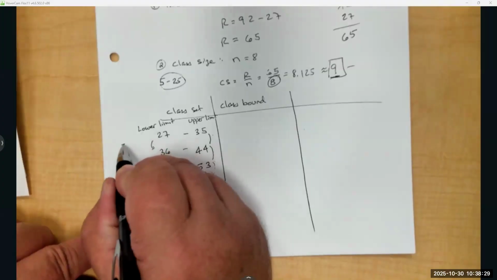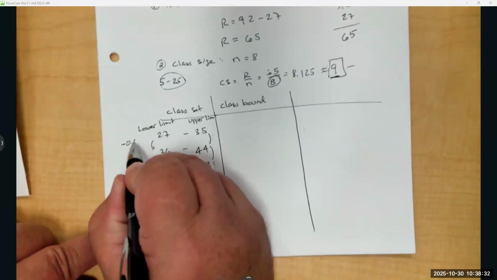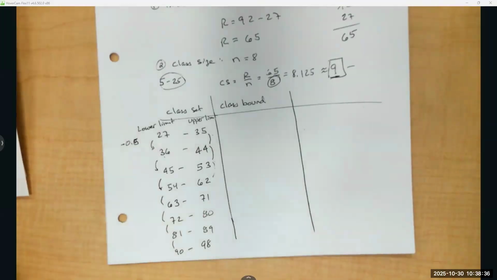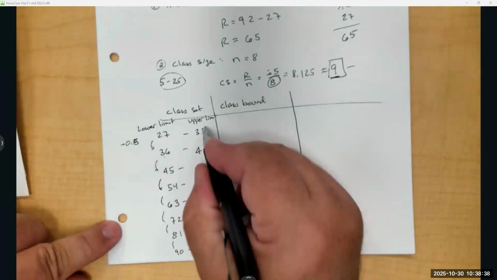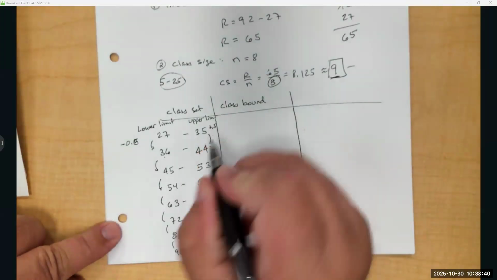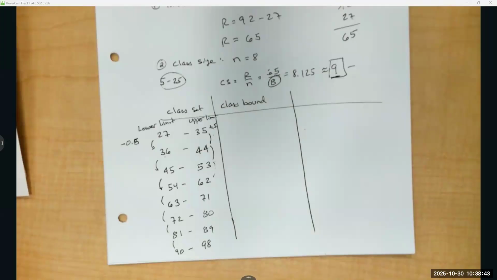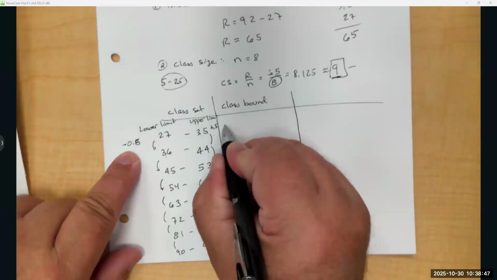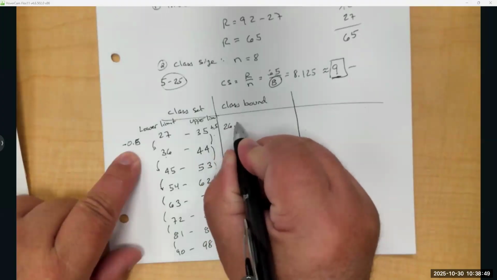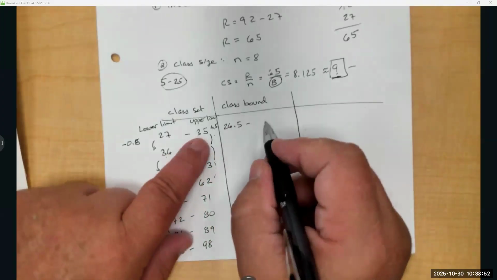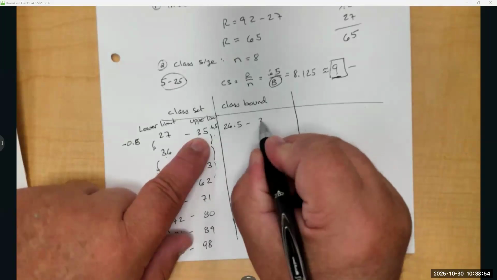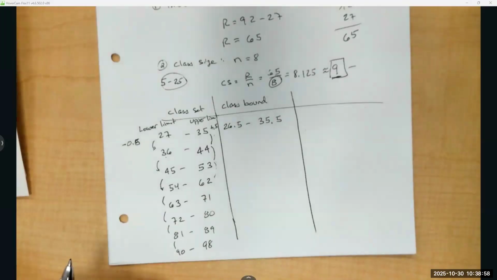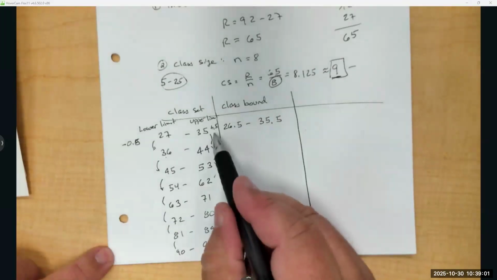So this one, you subtract 0.5. On this side, you add 0.5. So 27 minus 0.5 is 26.5. 35 plus 0.5 is 35.5. So pretty much put it on the right-hand side, just put a 0.5 after it.